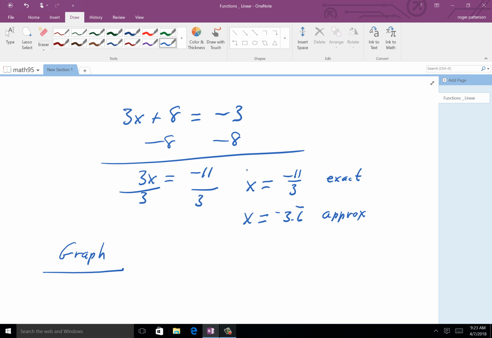So I don't really need negative 3 here. I need to make this negative 3.8, and maybe this one negative 3.6, this one negative 3.4, this one negative 3.2, and I already know what negative 3 is.